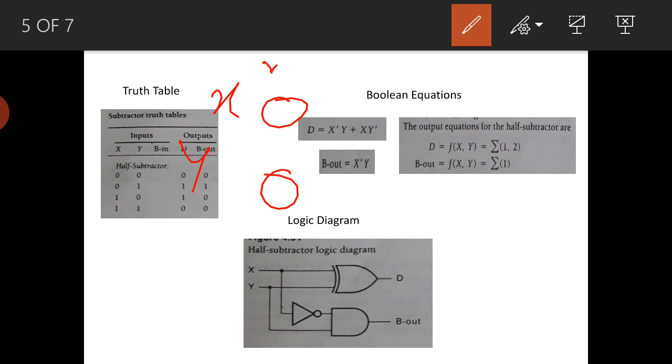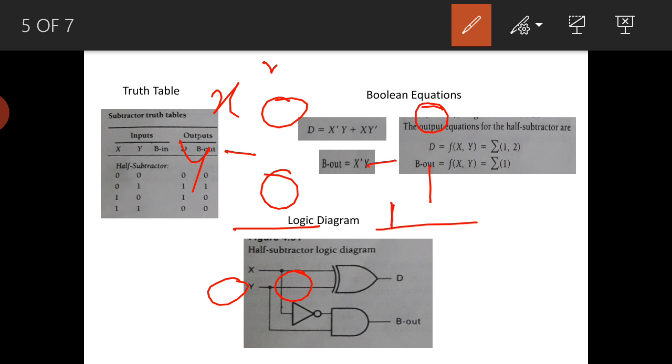If you take it like this, 0 minus 0, difference is 0 and borrow is 0. Then 0 minus 1: we can't subtract 1 from 0, so we need to take one extra 1.